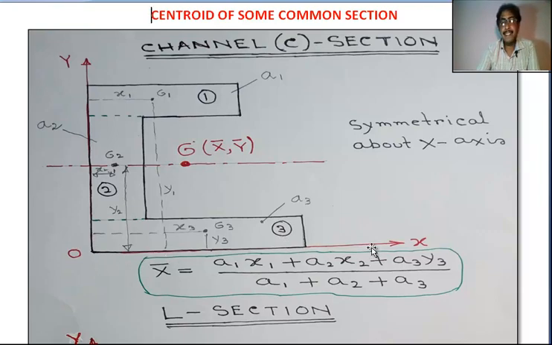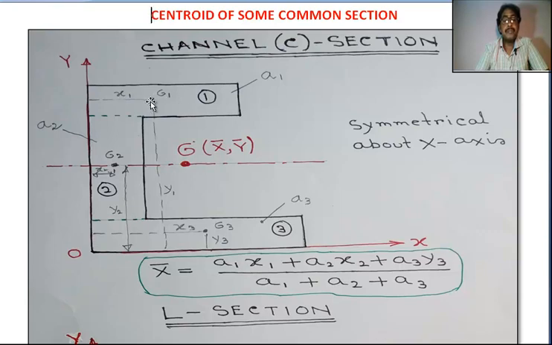First we draw the x-axis and y-axis. Okay. Number 1 area, this is number 1 area. G1 is the centroid of number 1 area.